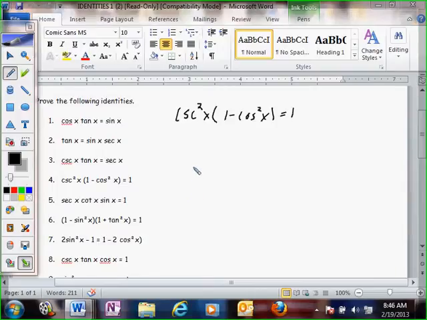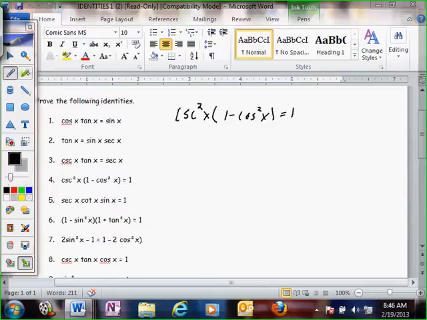I'm just trying to give you what I see as the easiest way to prove them. So if I look at this problem, one thing I could think is, well, the note card did say I could do some distribution, and I could distribute here. But if I distribute here, it might make things a little bit more complicated.